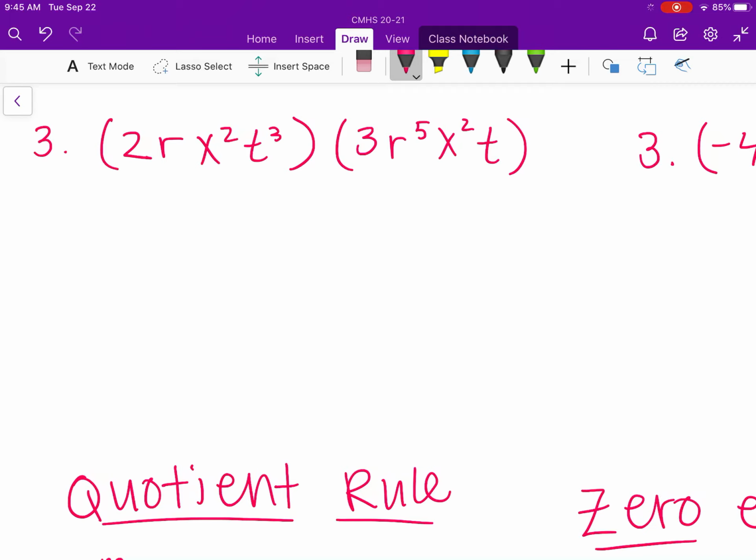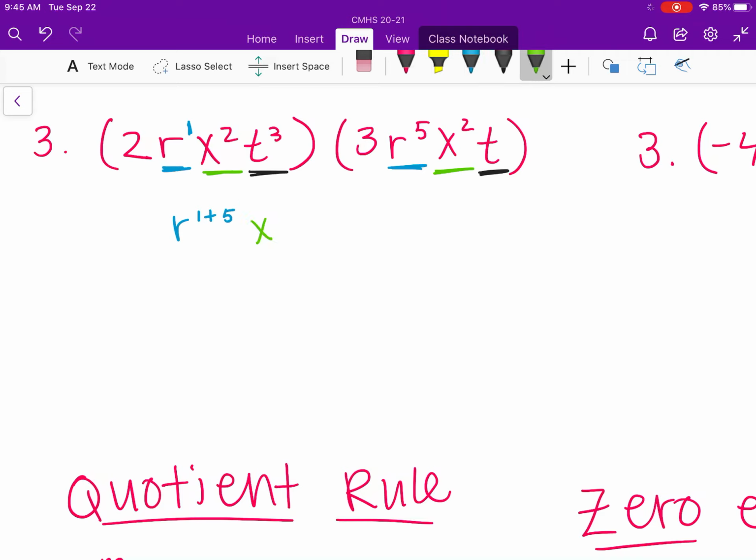All right, so our exponents, let's do those first. So here's the blue, remember our invisible 1 for the r. Then I'm going to underline x in green, and I'll do the t's in black. So I'm going to come back to the big numbers in just a second. Let's go ahead and do our exponents. So we have r, and then we have a 1 and a 5, so 1 plus 5.